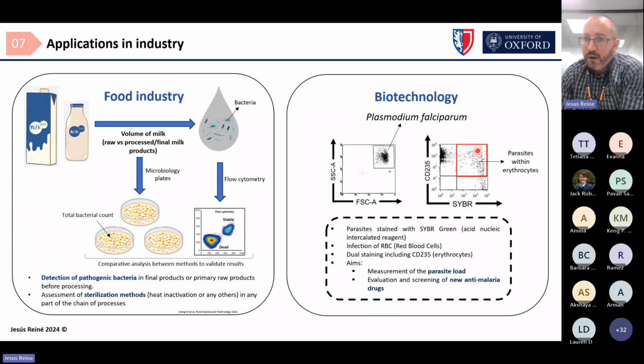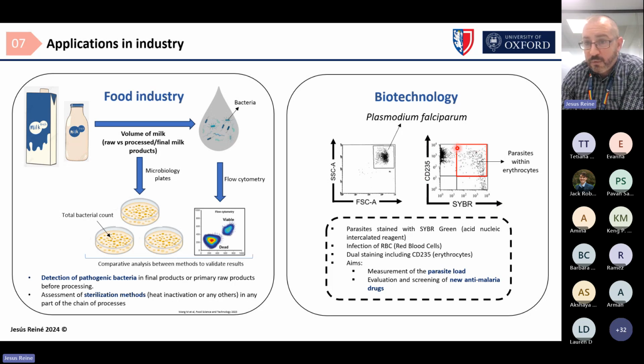But I would like to see how these parasites are able to infect red blood cells. So we put a co-culture of the parasites with the red blood cells, and the red blood cells are identified by a specific marker, which is CD235. If you remember, cluster of differentiation 235 is the name of a marker, basically. So here we compare the expression of the erythrocytes and the parasite.